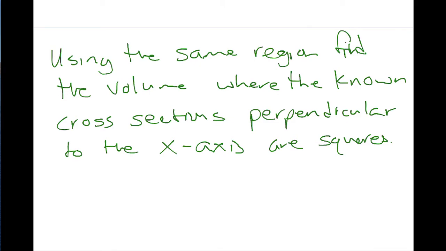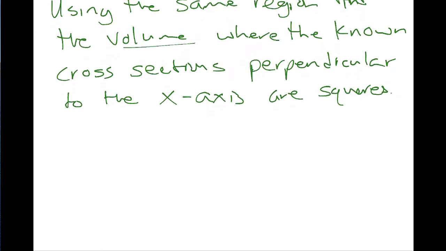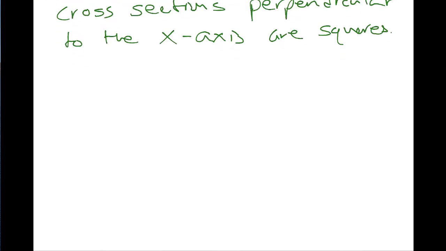Okay, so we've got the same region, but now we look at what happens if the cross sections perpendicular to the x-axis are squares, and we're trying to find the volume. So here's what you're going to do, and then I'll generalize it for you.